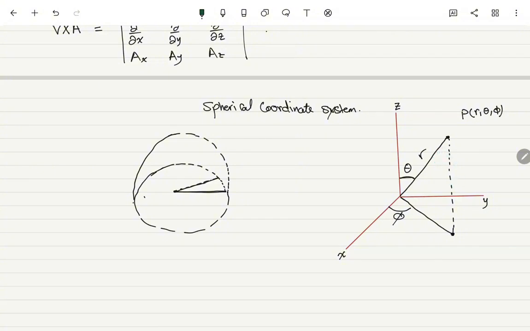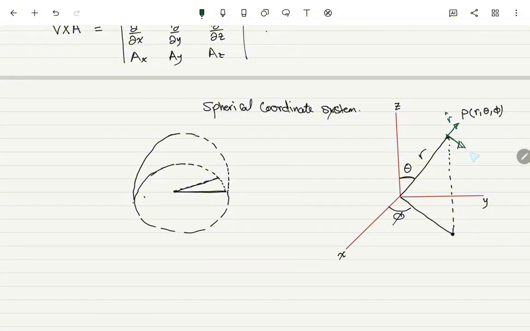Now let's define the unit vectors for the three new coordinates r, theta, and phi. If this is r, the unit vector r hat is directed this way. So this is r hat. Again, when you draw a sphere, you are making angle theta, so theta is directed this way right here.